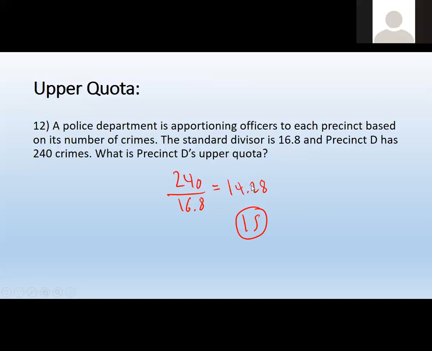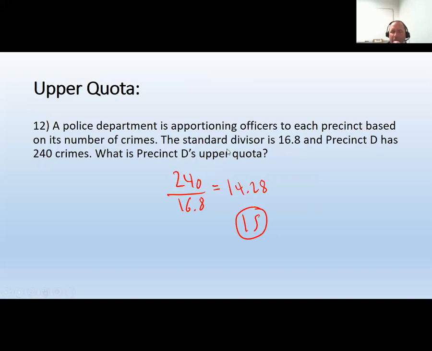So what method would it be if we were supposed to round normally? That'd be Webster's method. If it was rounding normally, it would be 14. But this is just asking what the upper quota is, so you're not necessarily doing it to apportion anything.